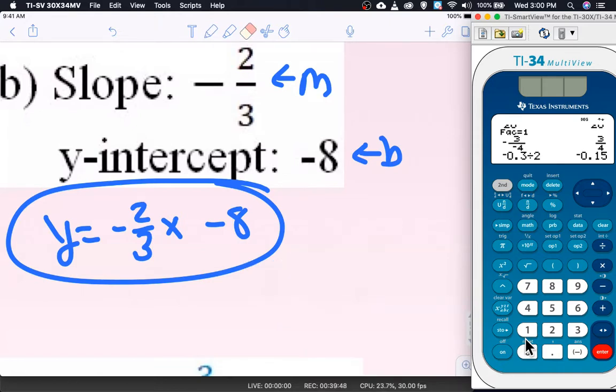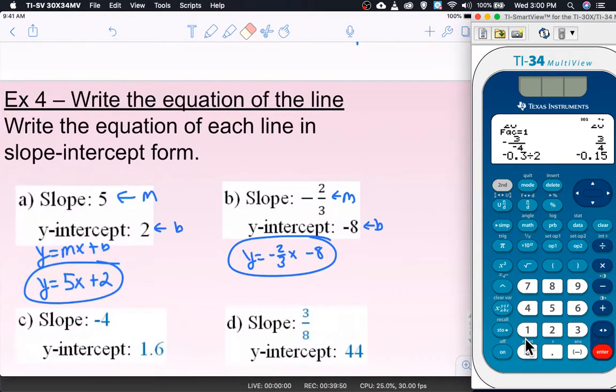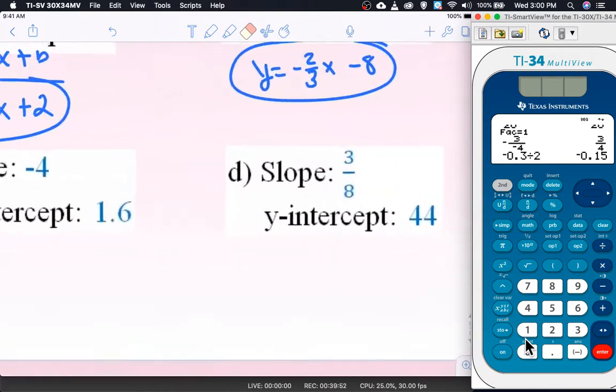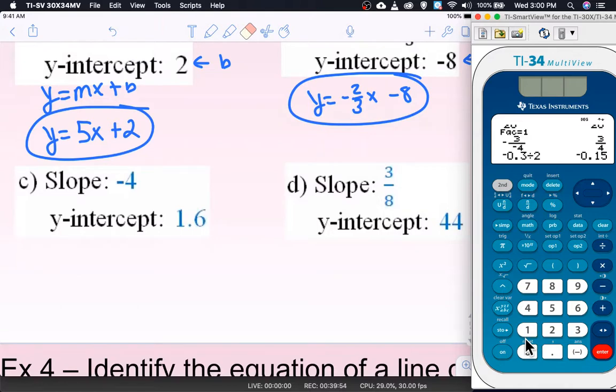That's going to be one of the next few skills we're going to learn about, either in this lesson or the next. Before we get there, could you please pause the video and try these two? I would like you to write the equation of the line for letters C and D in slope-intercept form, and when you're ready, hit play and we'll go through it together.